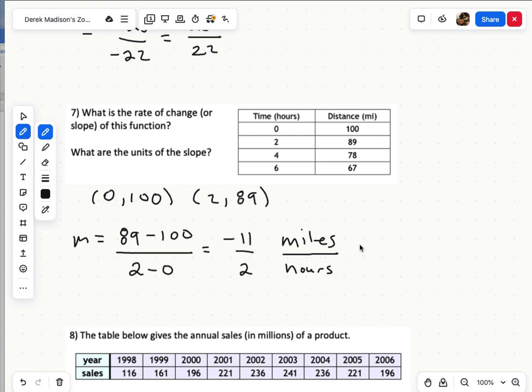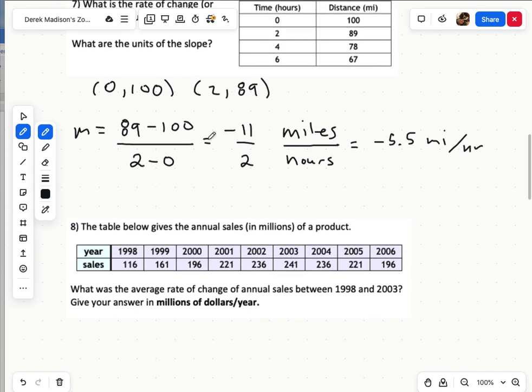If that sounds odd, and again, we don't generally want to switch this to a decimal, but for the sake of making sense of these units, let me do that for a second. This would be saying negative 5.5 miles per 1 hour if we wanted to write it that way. Again, this is perfectly good and a great place to stop, but the negative 11 over 2 seems a bit awkward when we're speaking of units.